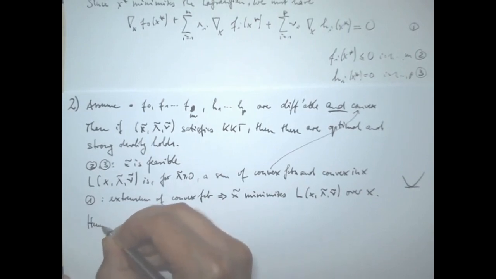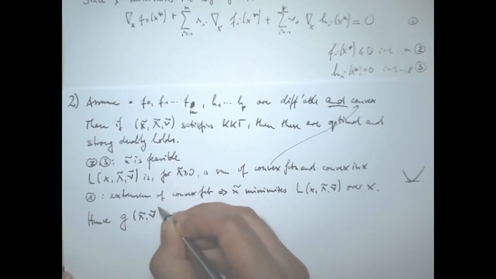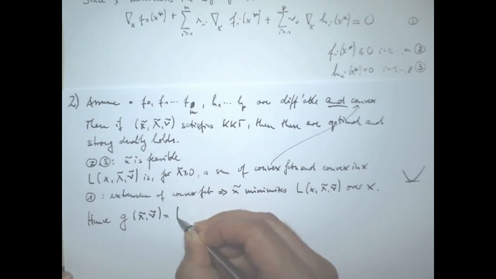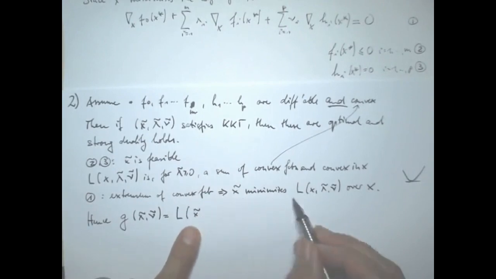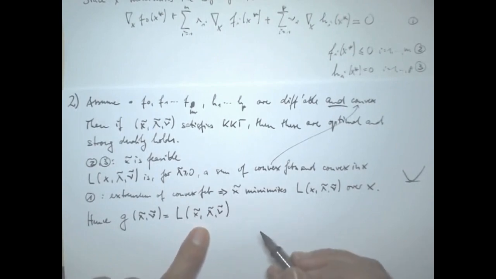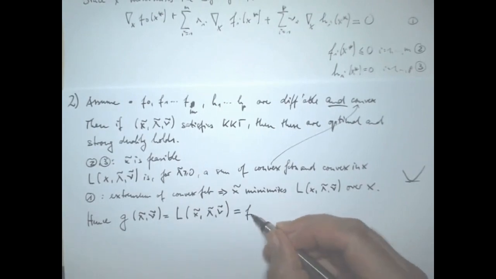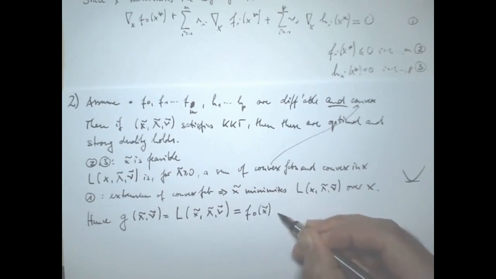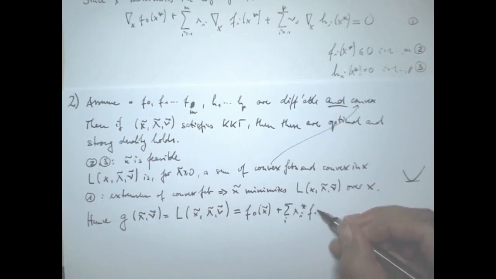And I can thus write my dual as the Lagrangian of x tilde, lambda tilde, and nu tilde, because we just saw that x tilde is the minimizer. And using the definition, this is f0 of x tilde plus... this should be lambda tilde, not star.